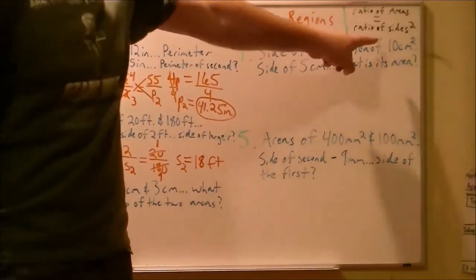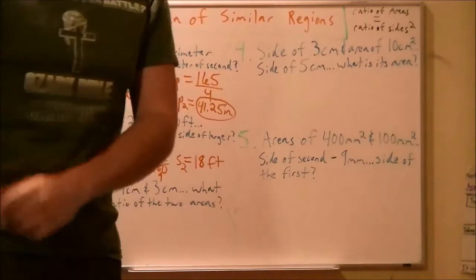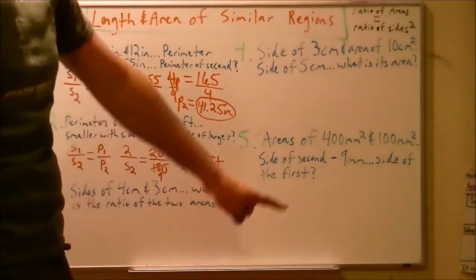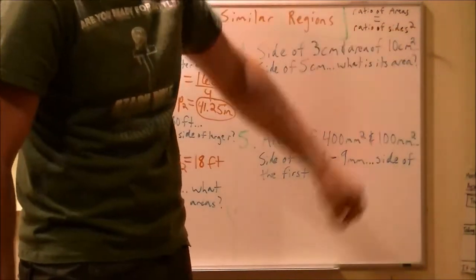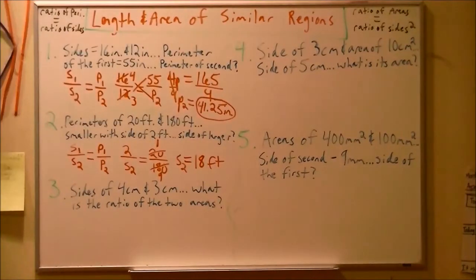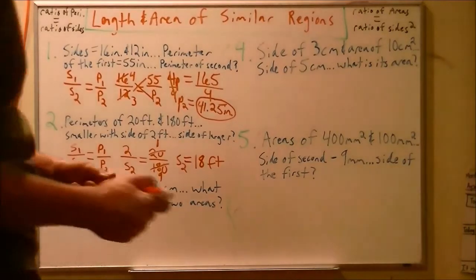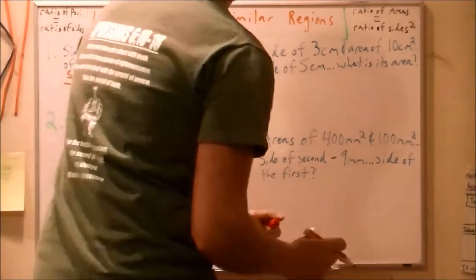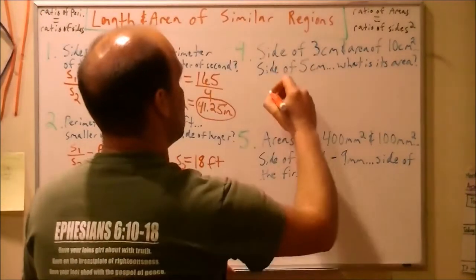ratio of sides. And here's our formula, guys. The ratio of areas is equal to the ratio of sides, but can you see this important number right up here? The ratio of sides squared. The ratio of sides squared. And so what we're going to have is basically the same formula that we had before.